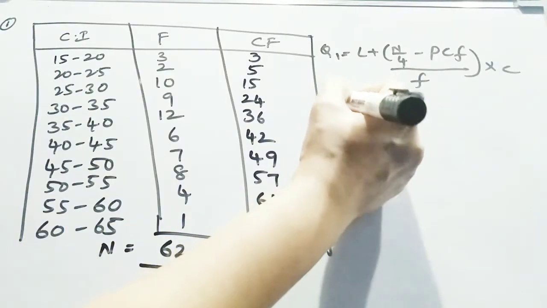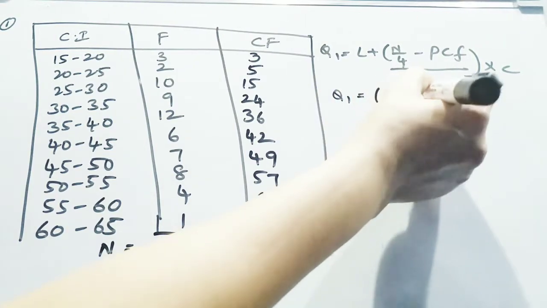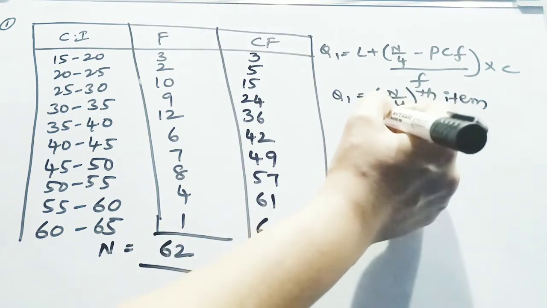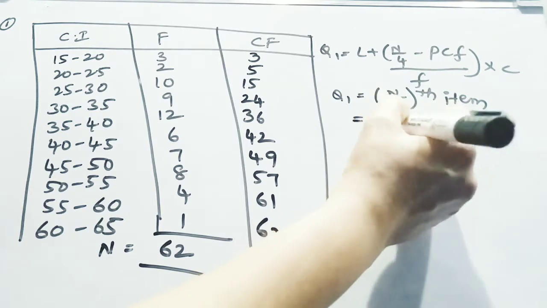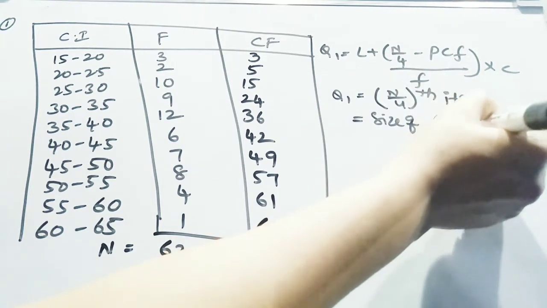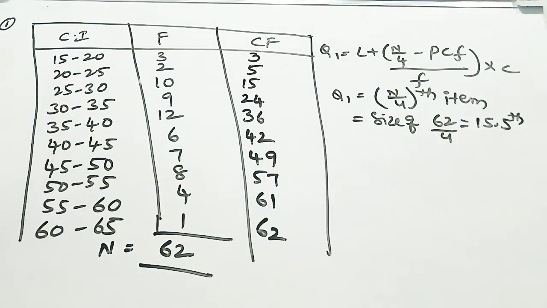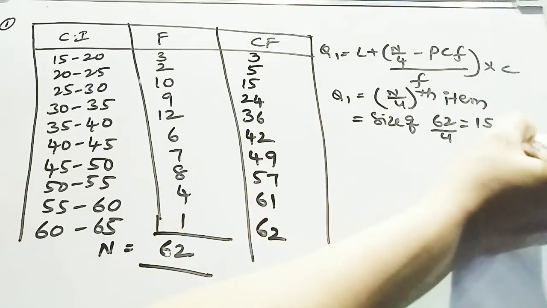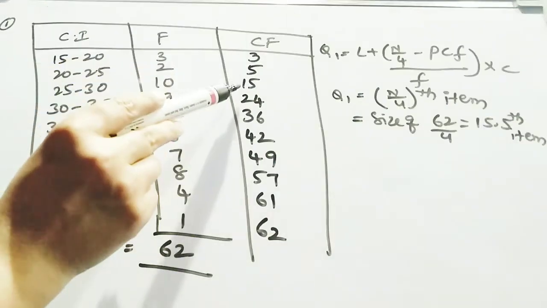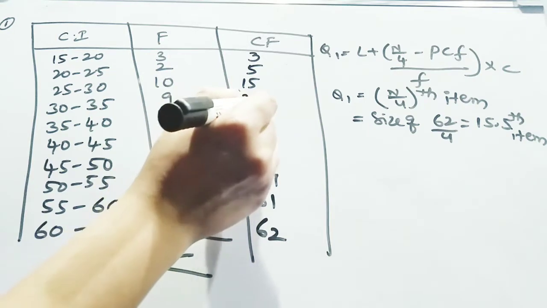For that you have to find in which item Q1 lies: size of n by 4th item. n is 62, so 62 by 4 means 15.5th item. Just check it in your cumulative frequency. 15.5 is more than 15, so you take 24.